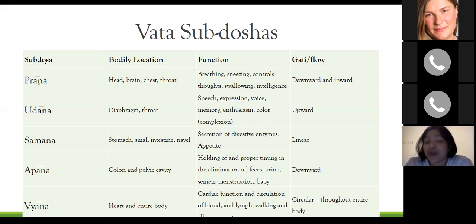But you want to be able to have that exchange, that flow of vata, but it needs to be at a specific pace and rhythm, as opposed to being either too much or too little. So that's what we mean by vata moving out too quickly, or vata not moving at all.